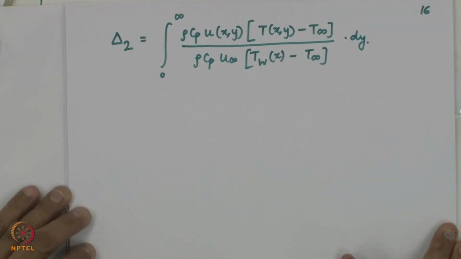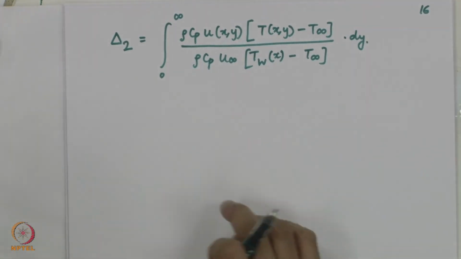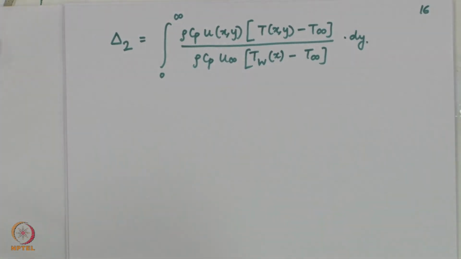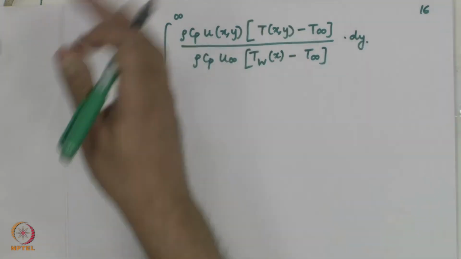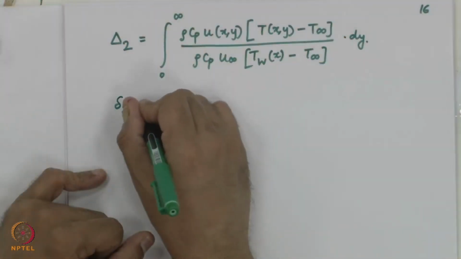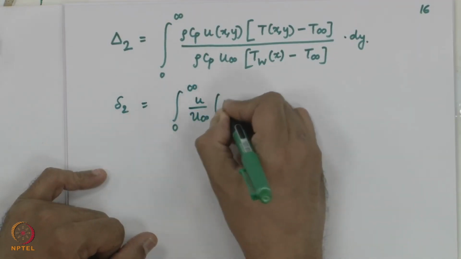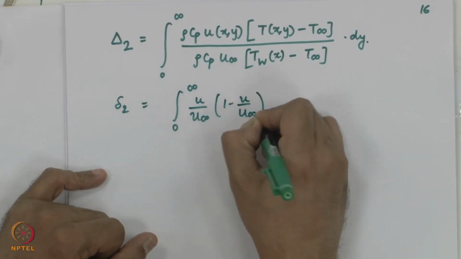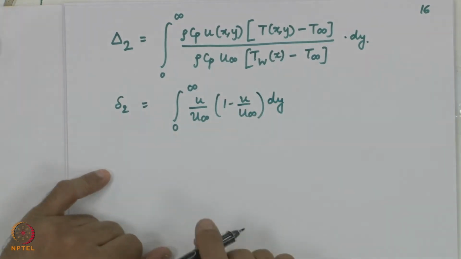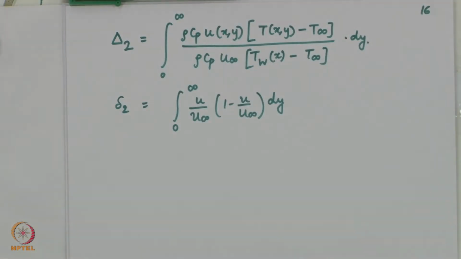This is my definition of enthalpy thickness. By how much should this so called boundary layer compensate so as to give you the same total heat removal? Okay. What was your momentum thickness? Delta 2, if you remember this, 0 to infinity, u by u infinity, 1 minus u by u infinity dy. Okay. Take a moment and pause and look at what we are doing.